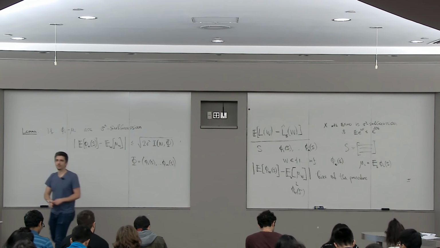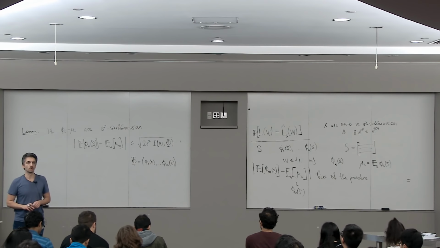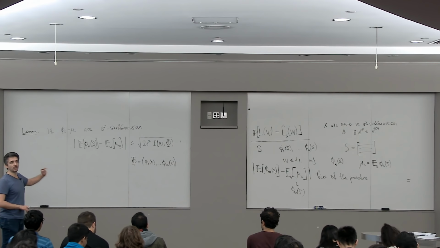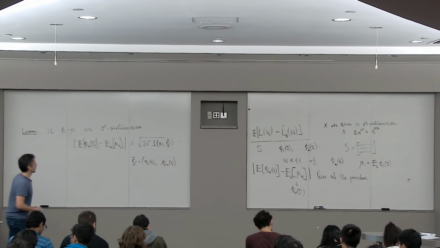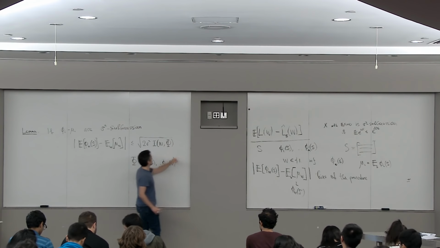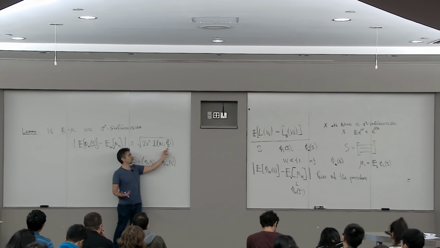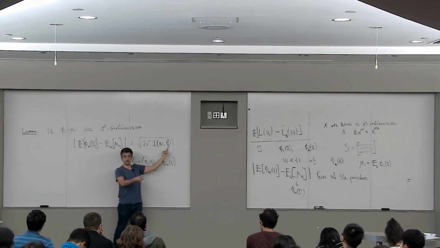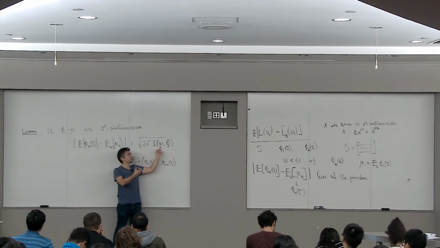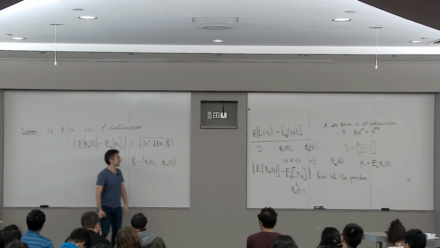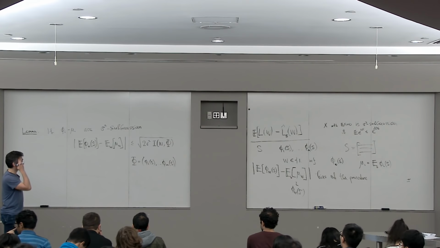Is everyone familiar with mutual information? Who is not familiar with mutual information? Okay, so I will define it in a second. Let's think of this as a measure of information contained in the statistics phi, the amount of information contained in phi about the choice of W. Now I have to give an introduction to information theory.